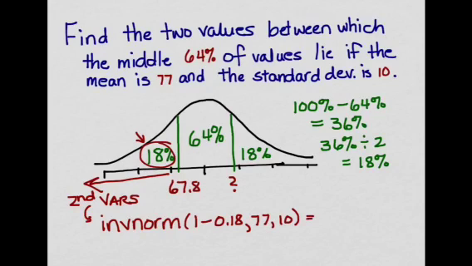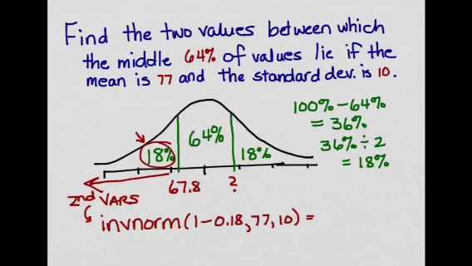Now this is one way to approach this. Why did I do 1 minus 0.18? Here I have 18% in the top, 18% going to the right. That doesn't work for finding this value because, to find this value, we need to know what percentage falls to the left. So what falls to the left, it's 1 minus the 18% in the upper tail by using the complement.